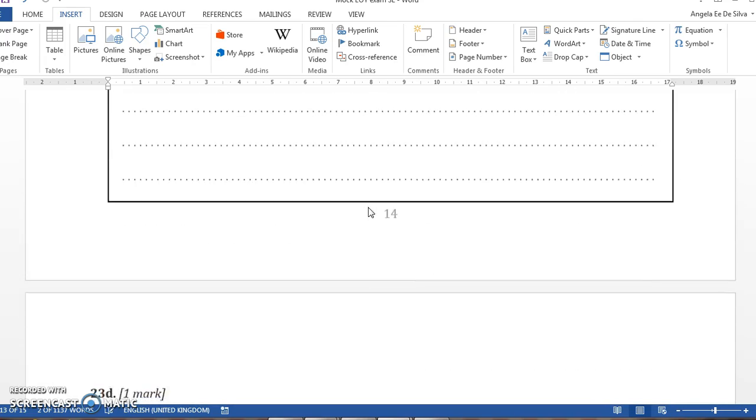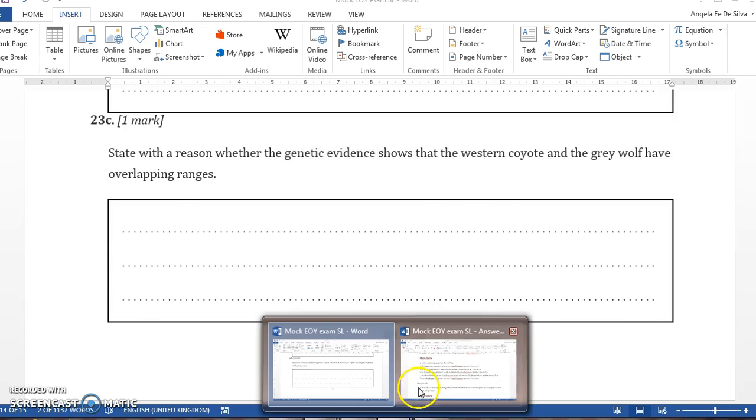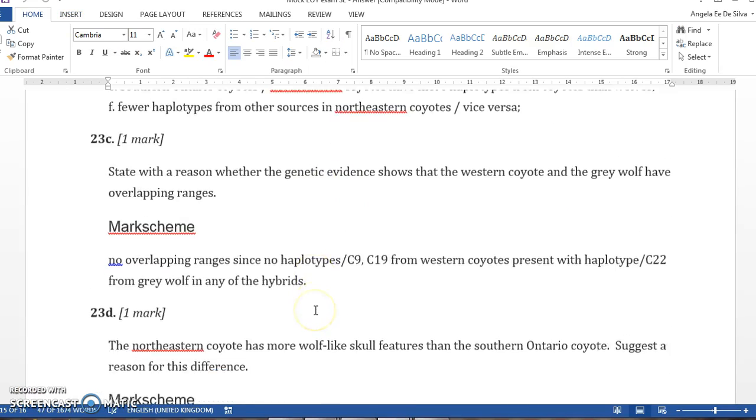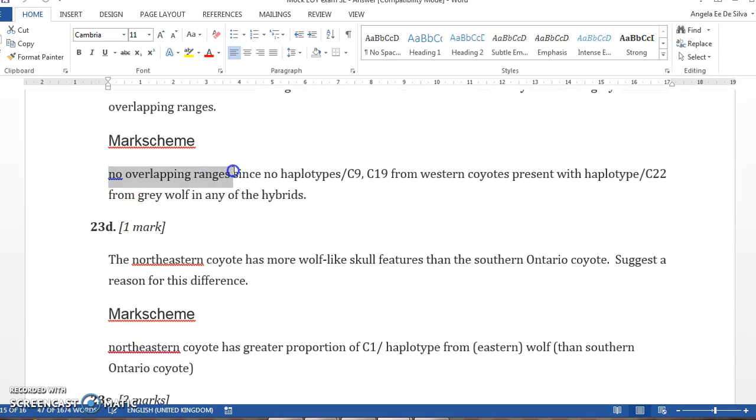So if we go back down here in the answers, you will see that you state no overlapping range, since no haplotypes C9 or C19 from the western coyotes is present in the grey wolf, which they didn't write here, but I will put it down here.